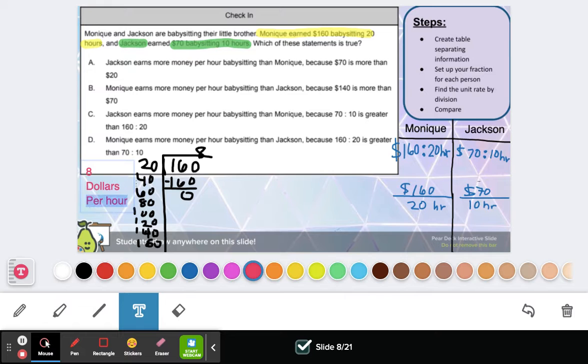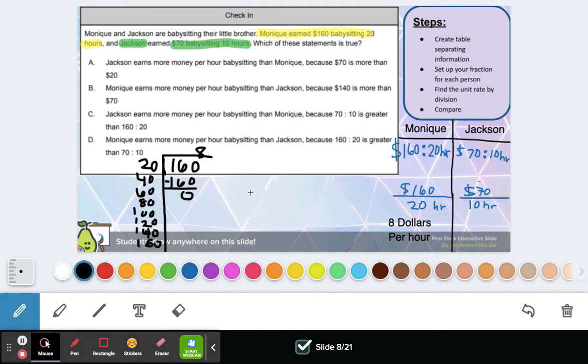Because the way that we write our fraction is the way that we have to say our rate.